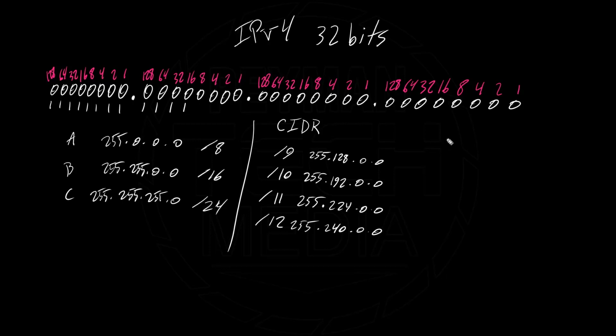Anytime we are borrowing 1 bit, it's always 128. Borrowing 2 bits, it's 192. 3 bits, it's 224.